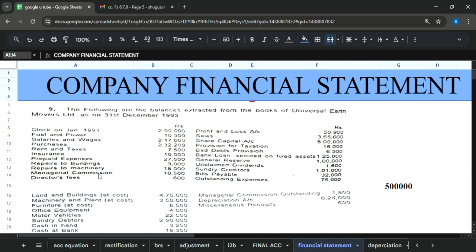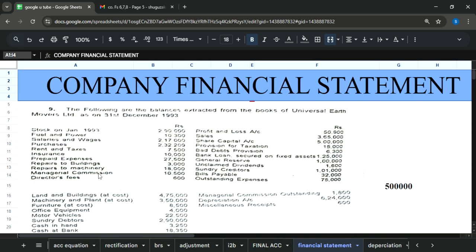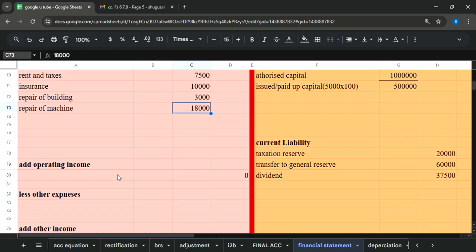Managerial commission. Let's see if there is any adjustment. No, adjustment was not present. So directly it would be written, and it is present on debit side. So it would be your other expense.